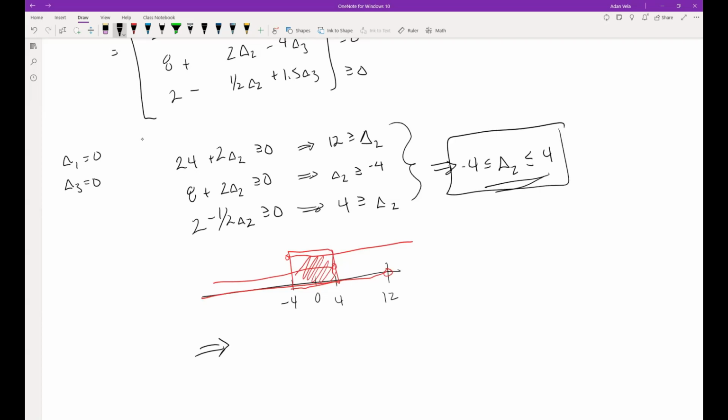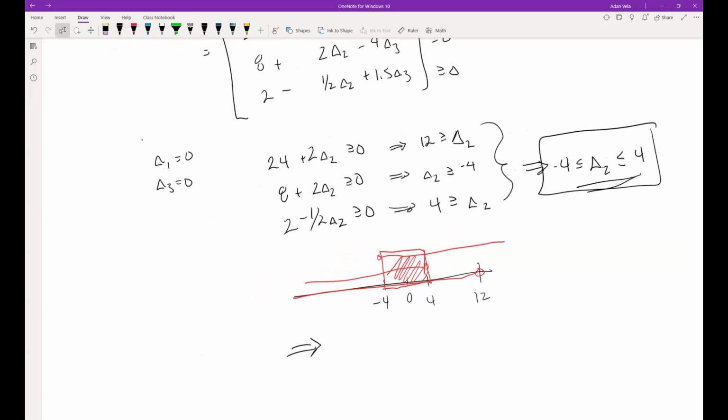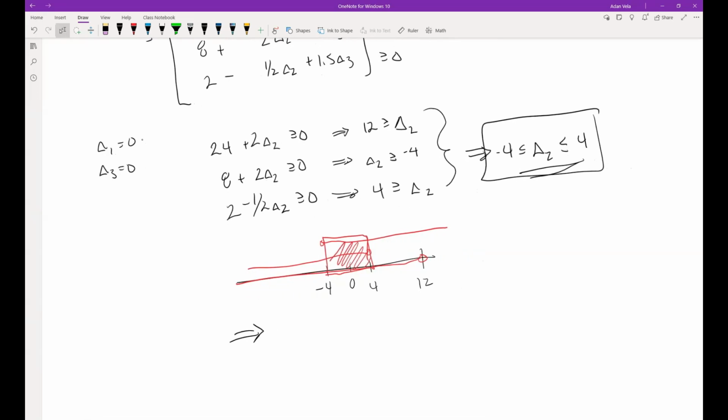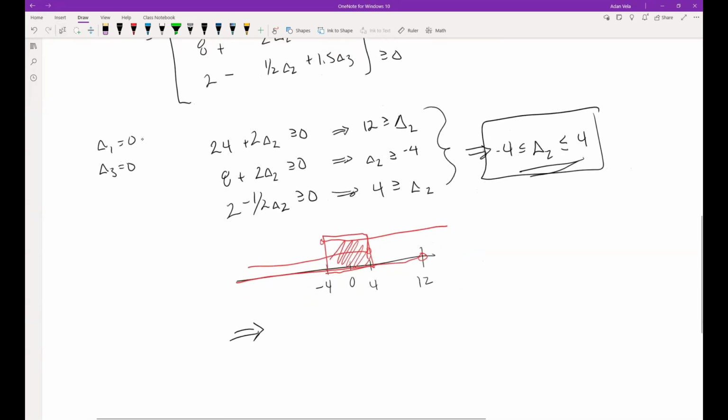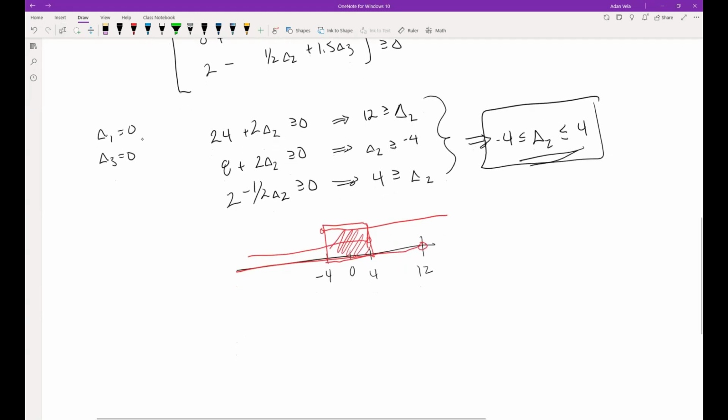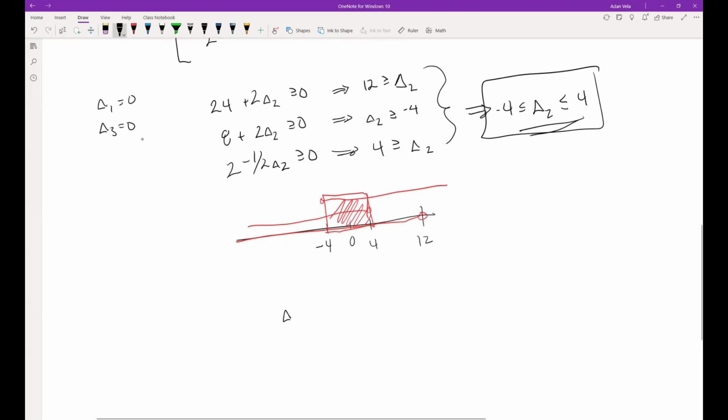So for our sensitivity analysis, this is the range for which our optimal basis variables or basic variables remain the same. Okay. Now, if delta 2 has to be between -4 and 4, that tells us, so again, let's say delta 2 is between -4 and 4.